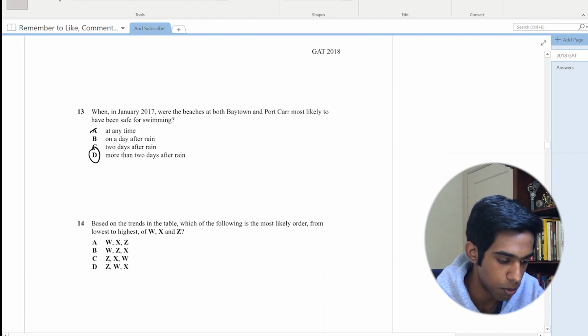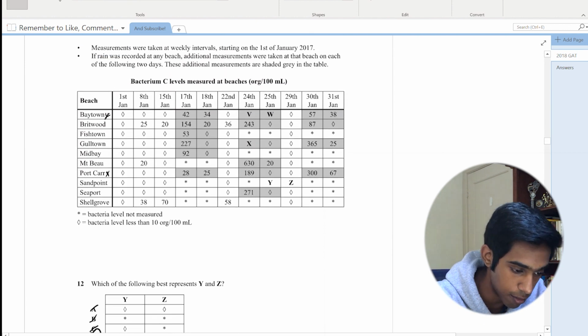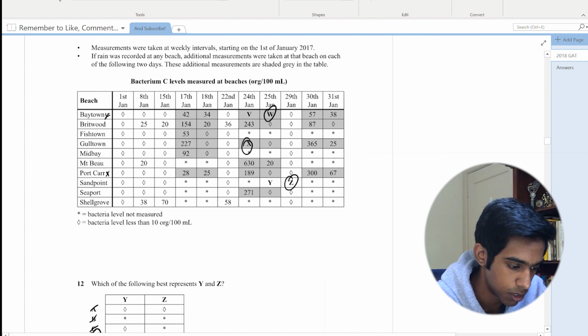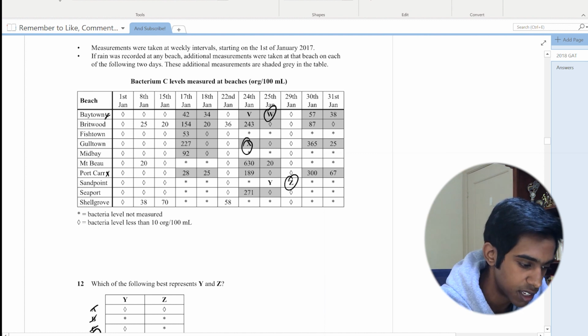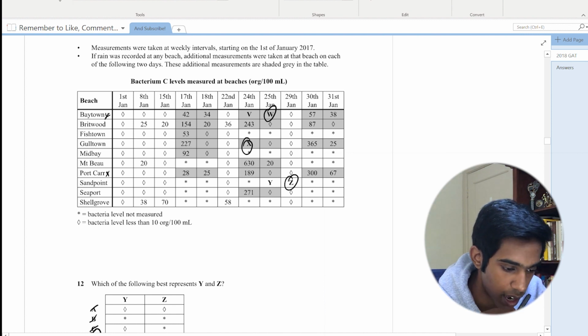Based on the trends in this table, which of the following is the most likely order from lowest to highest of W, X, and Z? Okay, so we have W, X, and Z. So Z is most likely to be the lowest, in my opinion. And we see that at Gulltown, the first day after rain is always very, very high. So it's likely that Z is also very high.